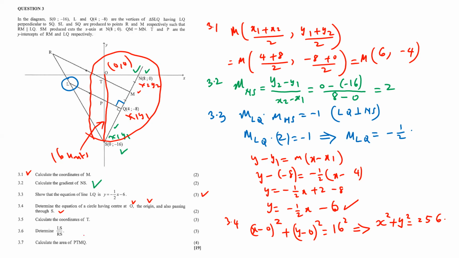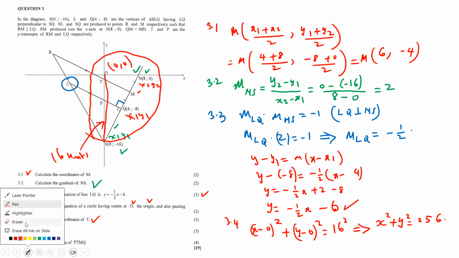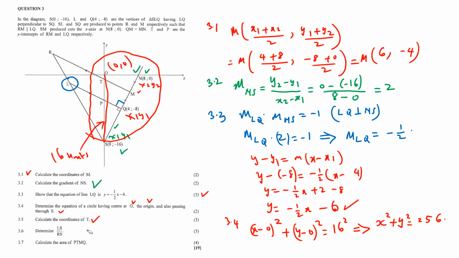Then now we have done up to 3.4, but let's continue and do 3.5. In 3.5, we're interested in finding the coordinates of t. Let's just clean up the diagram a little bit so that we have a tidy diagram to deal with.